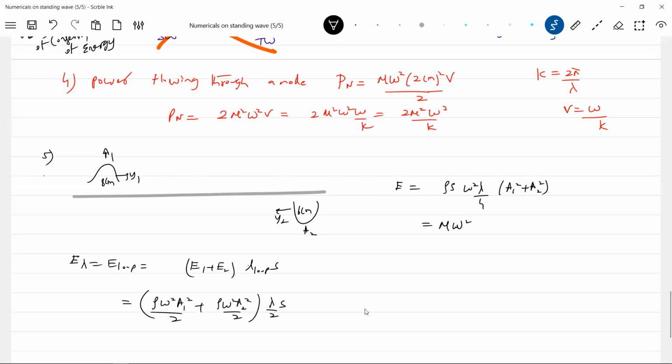Lambda we can write as 2 pi by K. A1 square, 8 square, 6 square. So this will become 50 pi mu omega square by k. This is the energy confined in one loop.